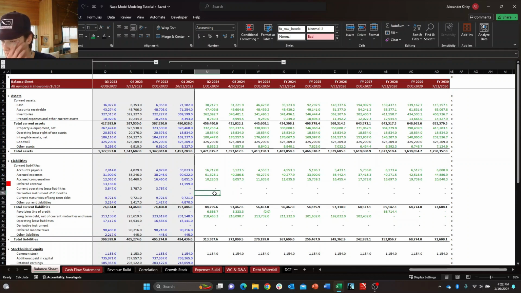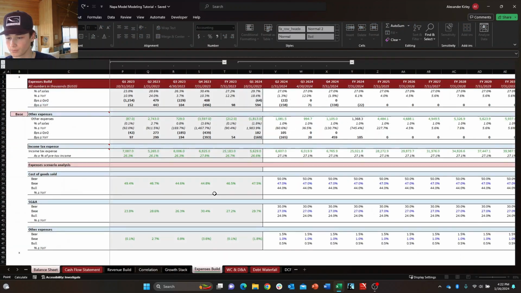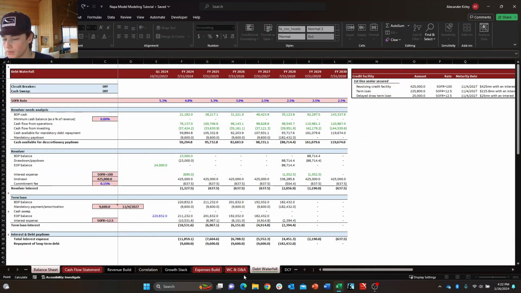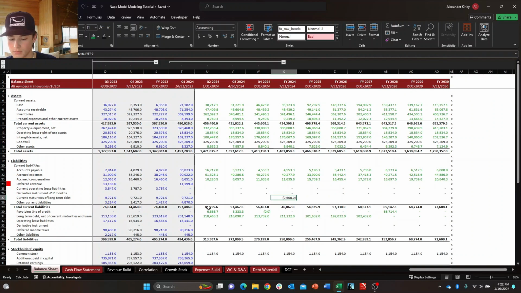Command write that. Current maturities of long-term debt are going to have to get into this here soon as well. So what we're going to do is go to our debt waterfall, and current maturities of long-term debt, right? This is this here, repayments of long-term debt. So we're going to make this negative.